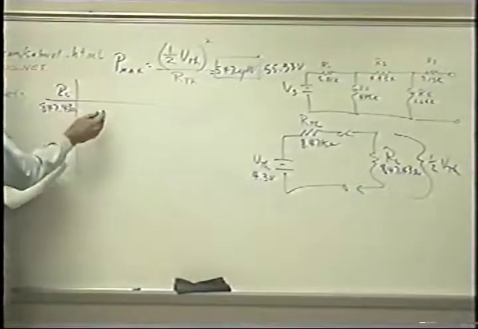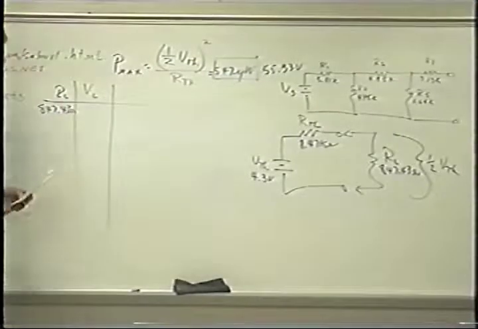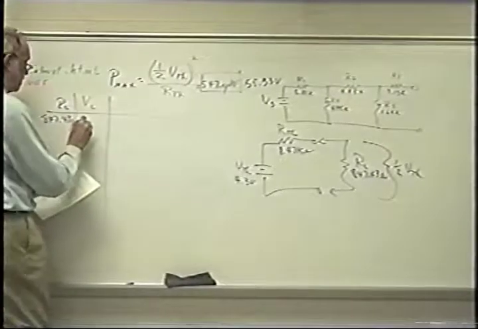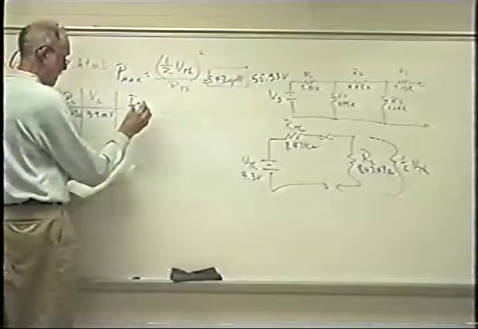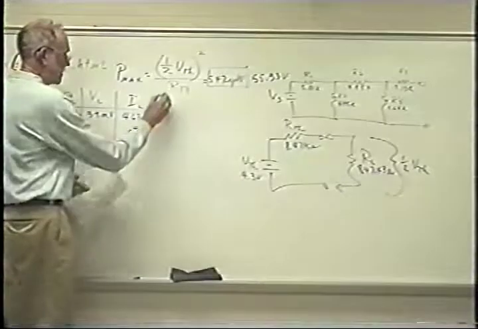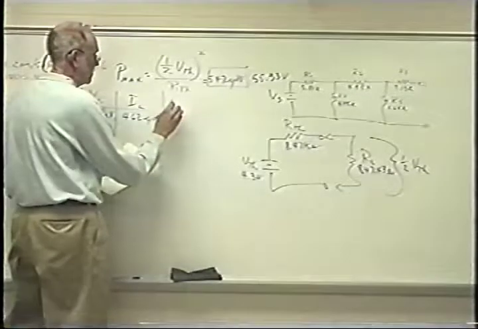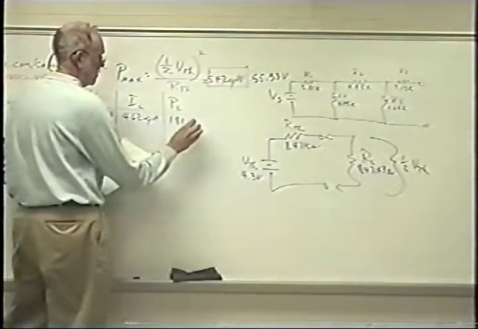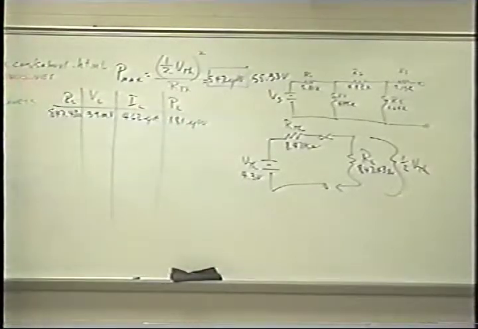The voltage delivered to that load, which obviously is not half of VTH, is 39 millivolts. The current is 462 microamps. Multiplying I times V, we get a power of 181 microwatts that is delivered to the load, PL, load power.